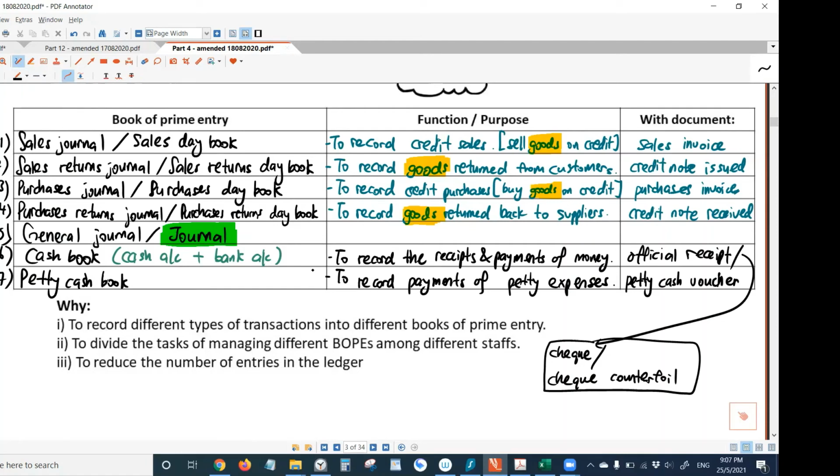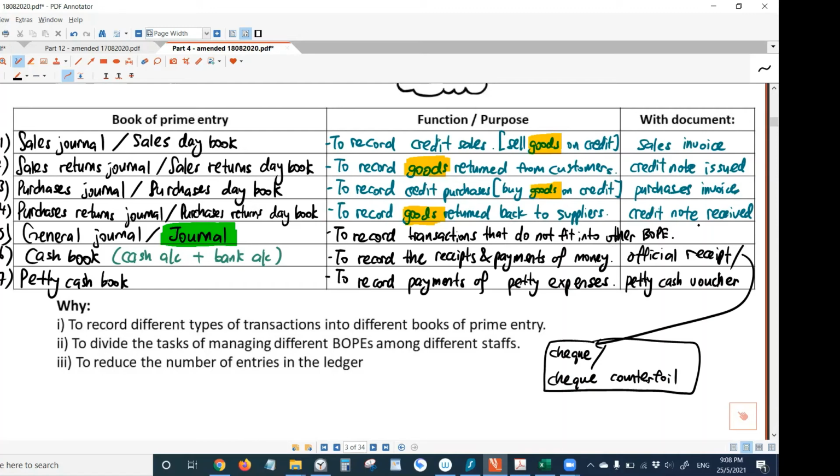The function of it, write down first: to record transactions that do not fit into other BOP.